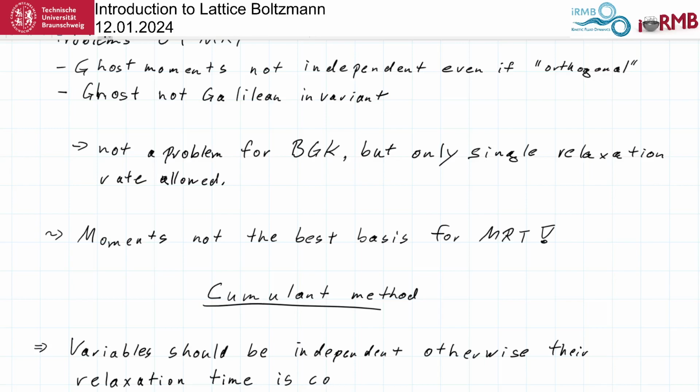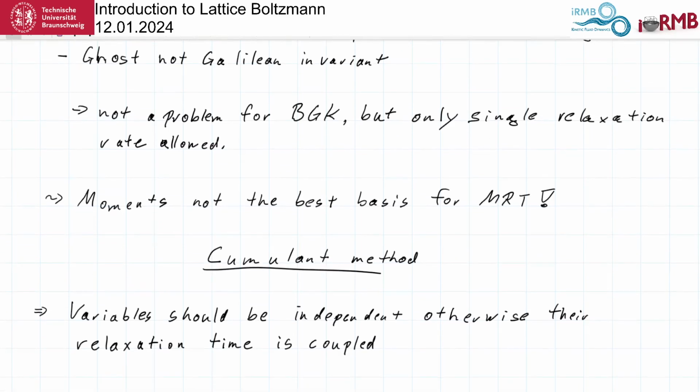Or is coupled. Okay, think about this. There's a correlation between two variables. They are not independent. When they are not independent, then the one variable follows the other variable. If one variable follows the other variable, then at the end of the day, they must also evolve with the same time scale.